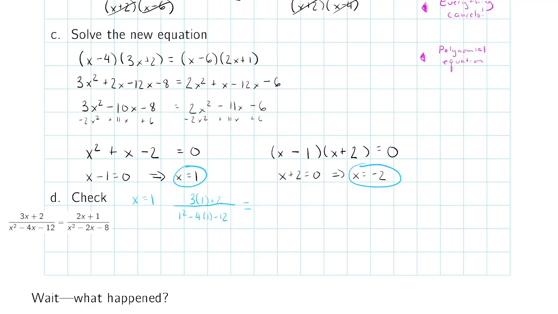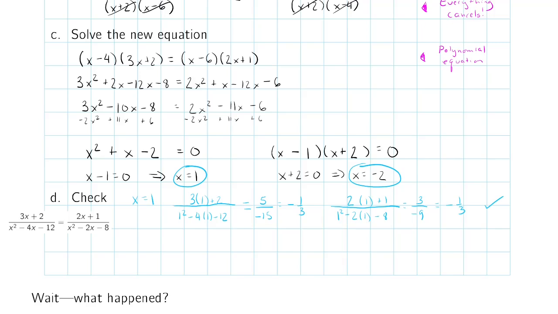That works out to 5 over negative 15, which is negative 1/3. On the right, I'll have 2 times 1 plus 1 all over 1 squared minus 2 times 1 minus 8, which works out to 3 over negative 9, also negative 1/3. So that works out.